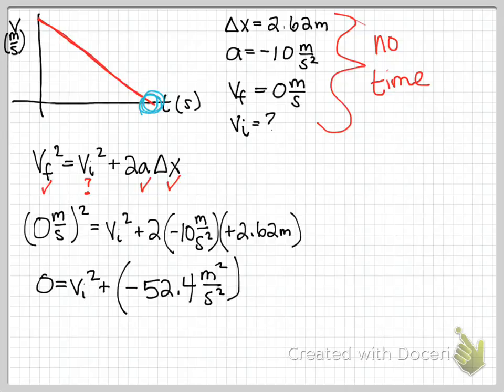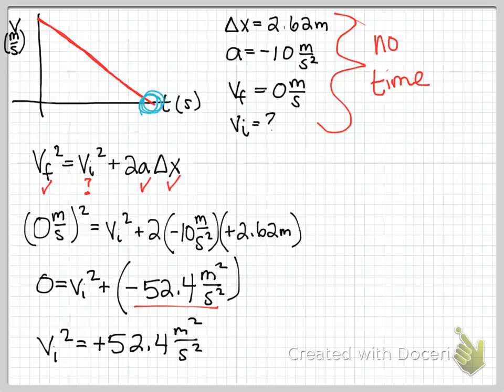Now, when I continue to simplify this, I'm going to have to move this negative 52.4 to the other side. And that's important because that's going to make it positive again when I do the inverse operation. So I'll end with V initial squared equals positive 52.4 meters squared per second squared.